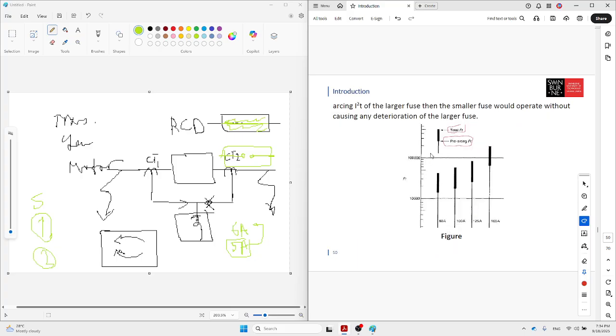So for any fuse you are going to choose, you must consider the current. You can see the currents given here, for example 80, 100, 125, and 160. Of course, values less than 80 are available, and values over 160 are also available in the market. And if we are going to do the coordination of the fuse, what's the meaning of coordination of the fuse?